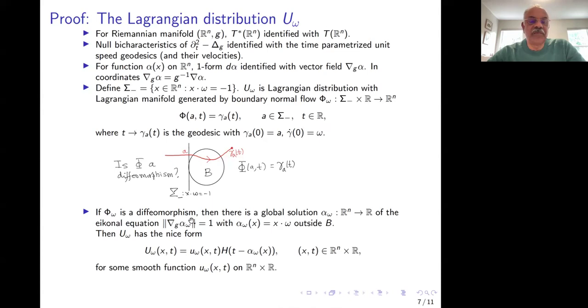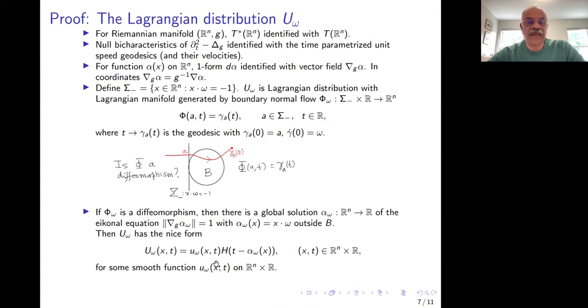But if phi_omega is not a diffeomorphism, then the solution u_omega is very complicated in its Lagrangian distribution. It's very hard to do estimates with that. But if it has this nice form, then you don't have to work with u_omega with this singular thing. You can just work with this smooth part.